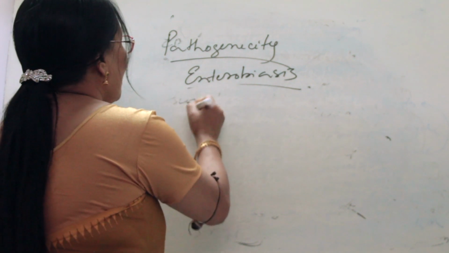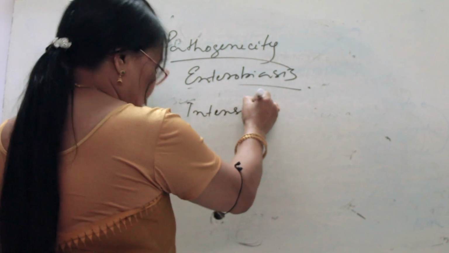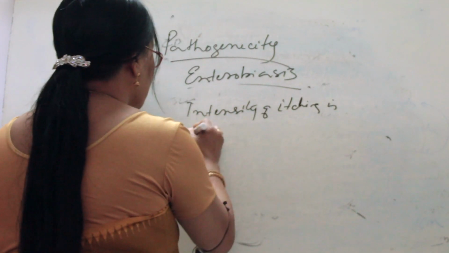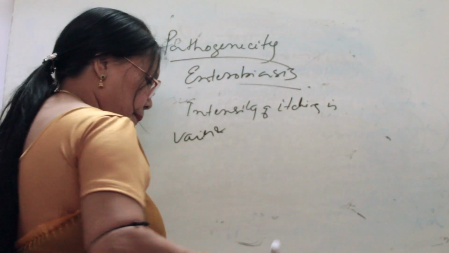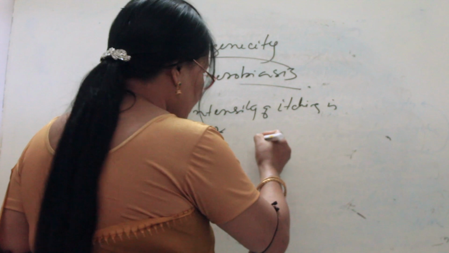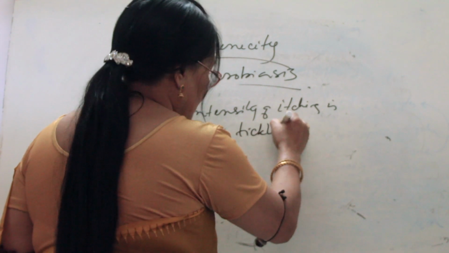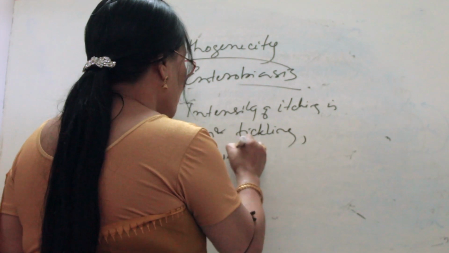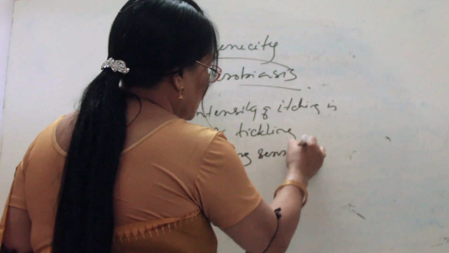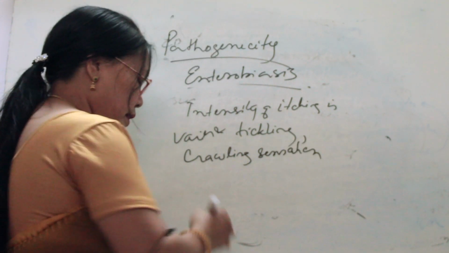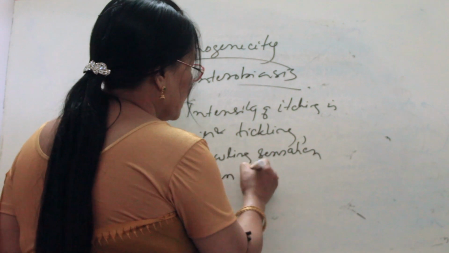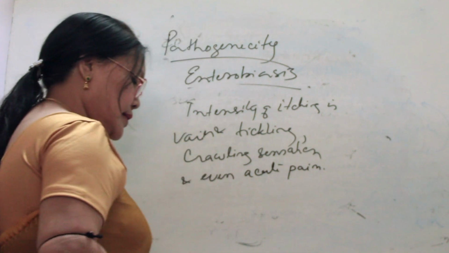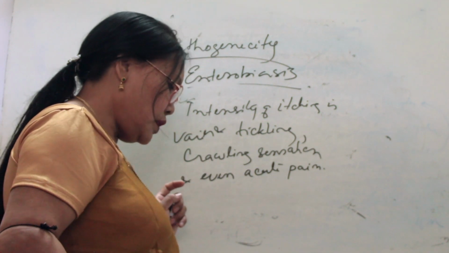The intensity of itching varies and is described as tickling, and a crawling sensation, and even acute pain. When the population is large, then there may be acute pain also.